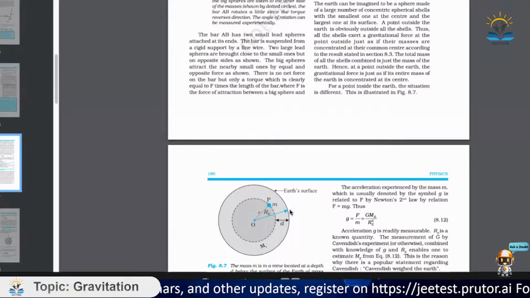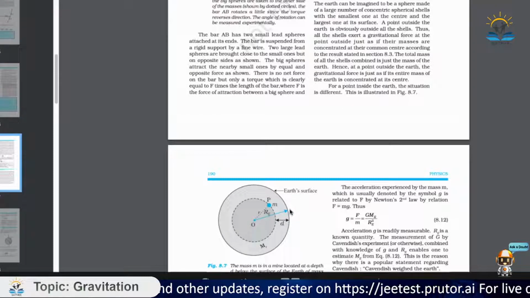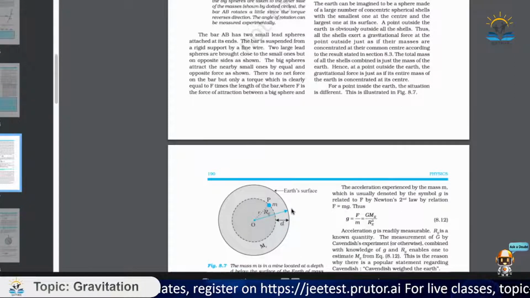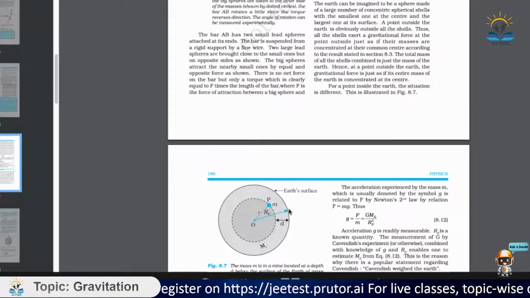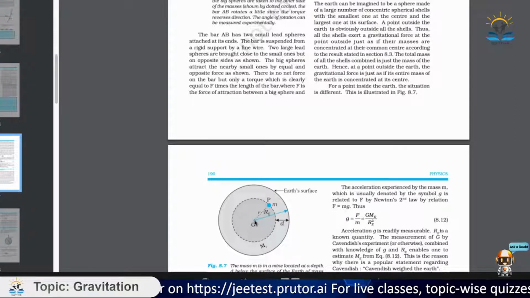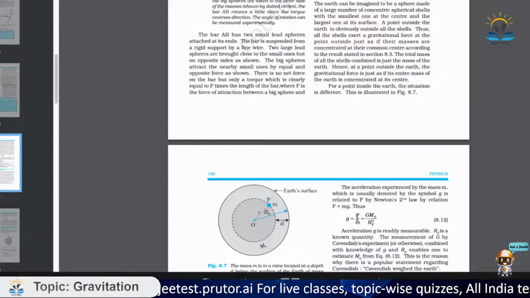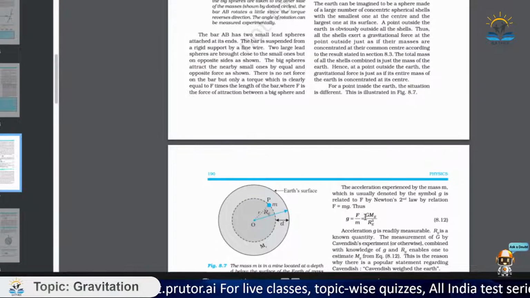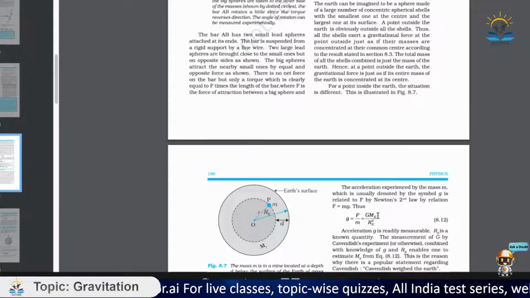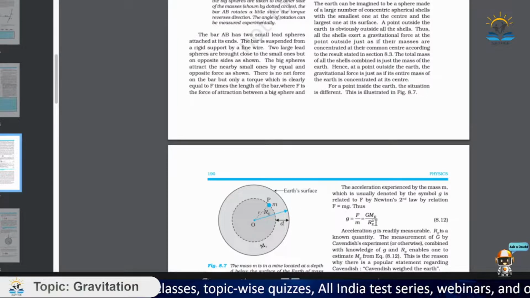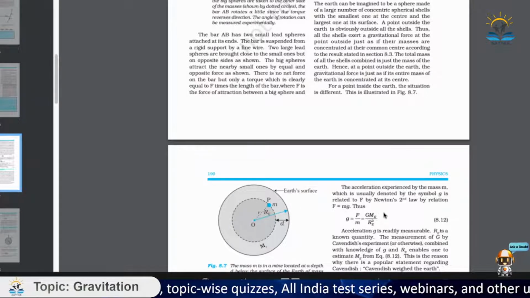So the distance between that particle of mass m and the center of mass of Earth is the radius of Earth. So we can write the force as capital G, mass of Earth into mass of that particle upon distance square, that is radius of Earth square.